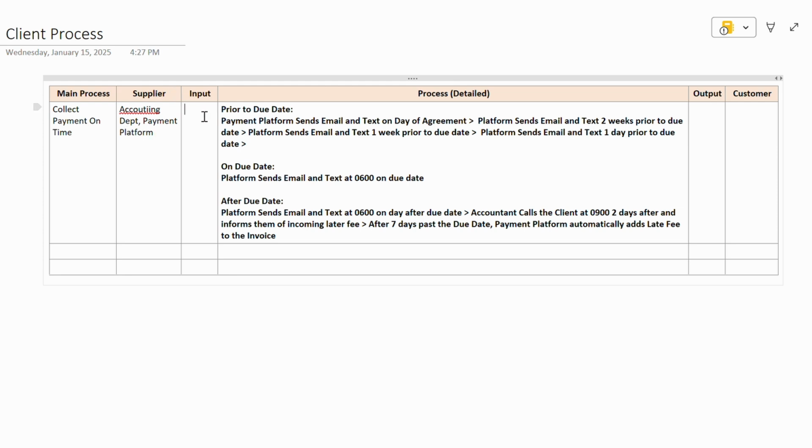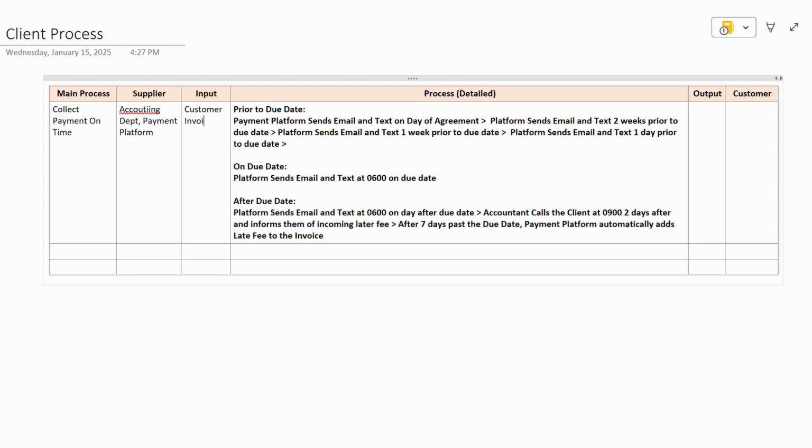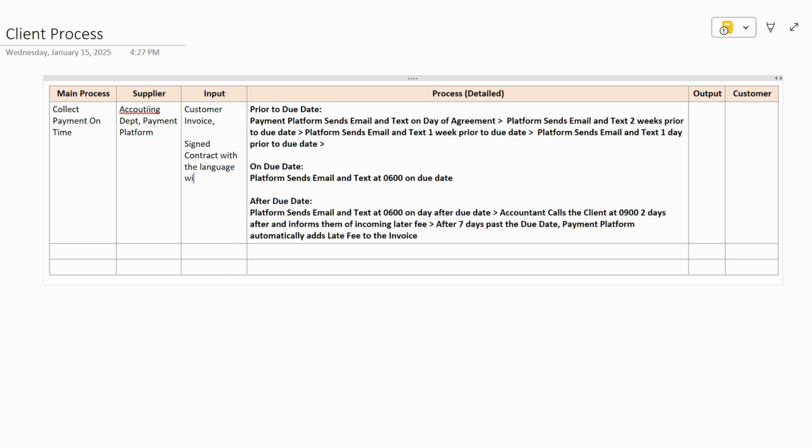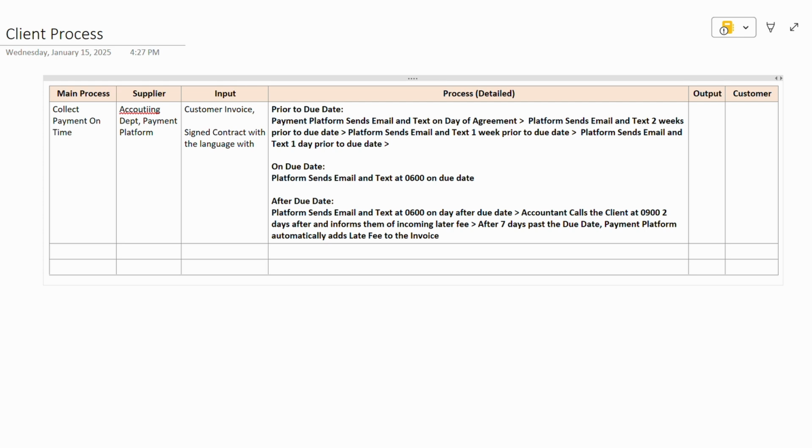Your input is going to be that customer invoice. It's going to be set up, and it's going to have these workflows built in to communicate with your client or customer. And then you're going to have a signed contract with the explicit language to have this late fee. All right, with the language of the late fee.